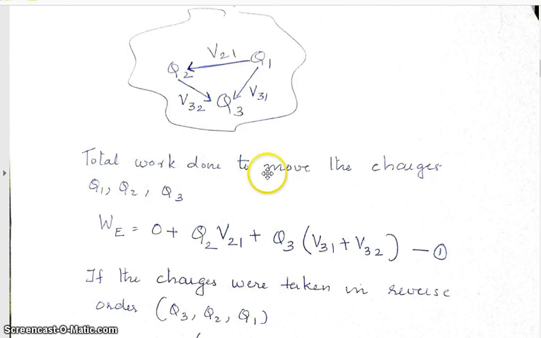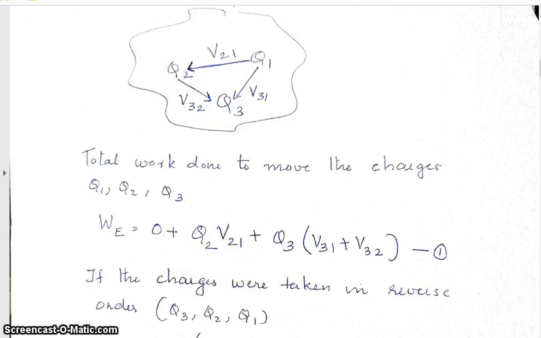Now the total work done to move the charges Q1, Q2, Q3 is WE equal to 0. This term denotes the work when Q1 is moved to a free charge region, in which case no work has to be done, plus Q2 into V21, which is the work done when Q2 is moved into this region.